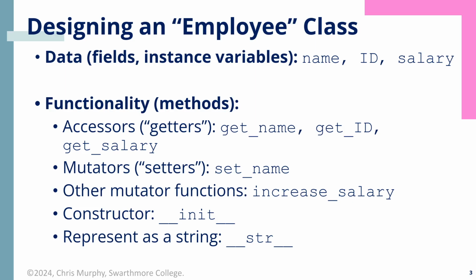When we pass the ID and salary as int and float, then if I call, for instance, get salary, that is going to return it as a float. So we're kind of assuming that it's going to be the right type.